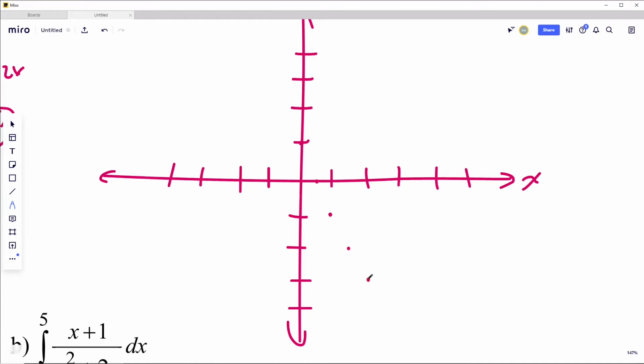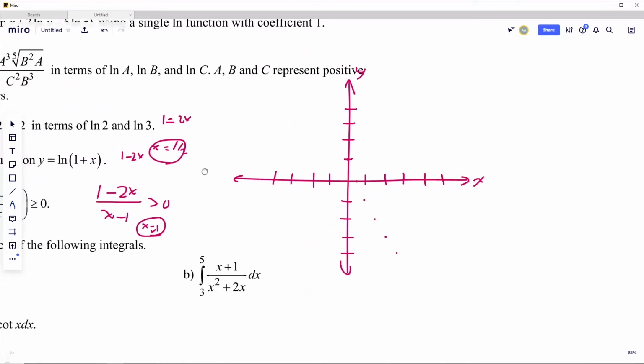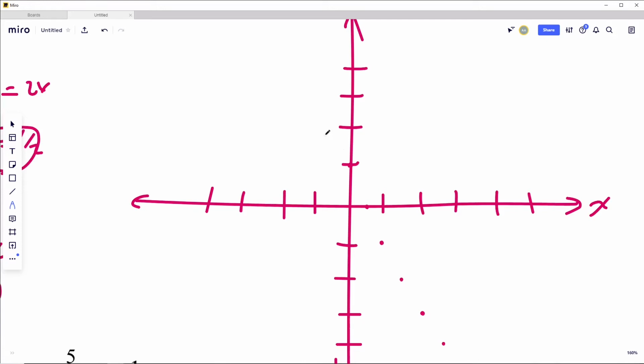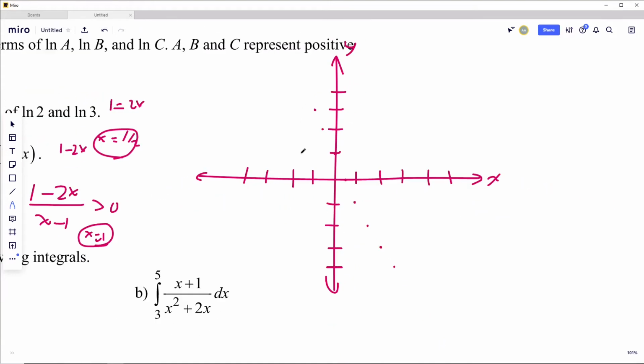I already have a point from 0, so that's fine. I don't have to extend here because I already have a half, and so on.